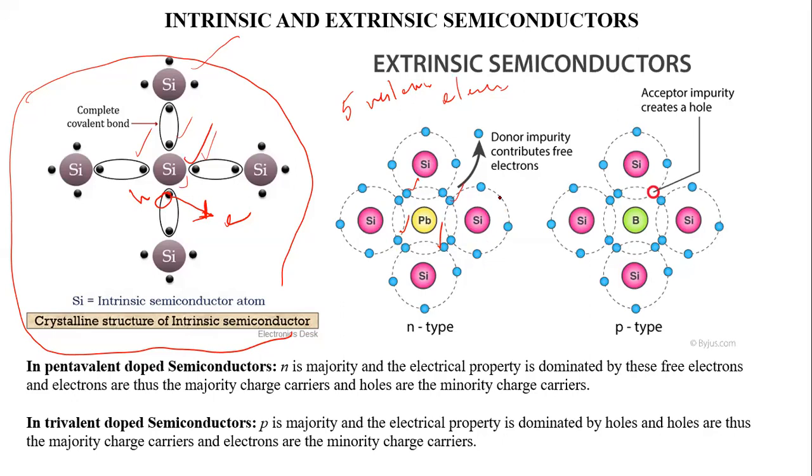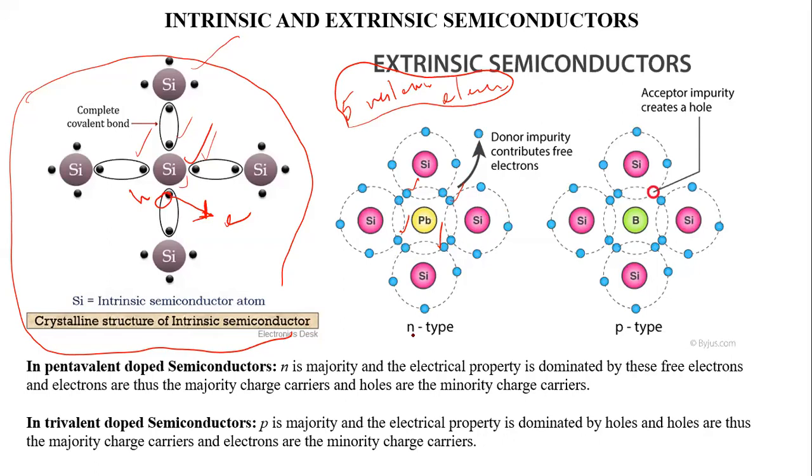In addition, this atom has 5 valence electrons, so it has one extra electron. This extra electron does not participate in the chemical bonding, so it is loosely bound.